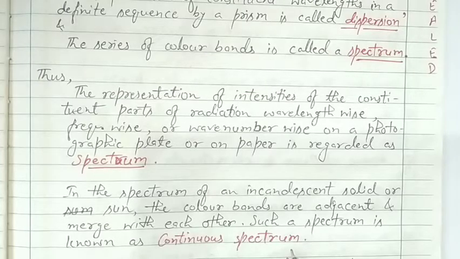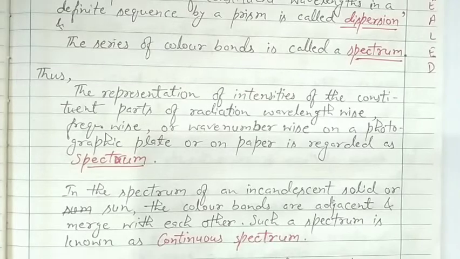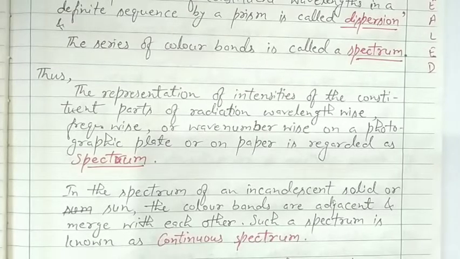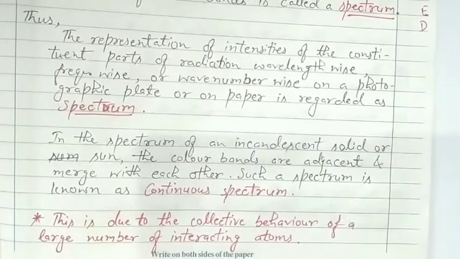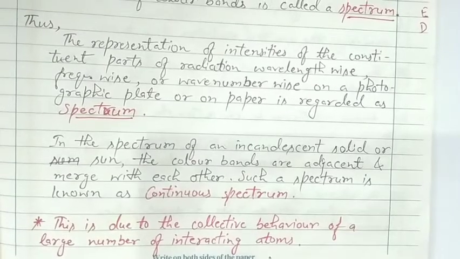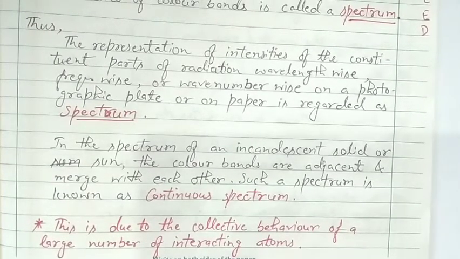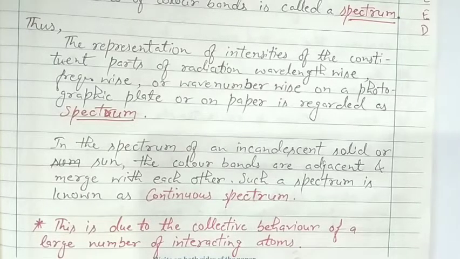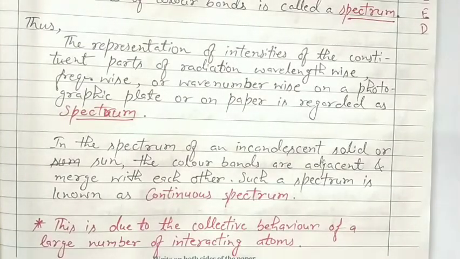You cannot observe distinct lines between 2 colors, so it is called a continuous spectrum, because one by one they keep on coming. This is due to the collective behavior of a large number of interacting atoms, because millions of atoms are present there and they are continuously emitting, producing the spectrum. That is why a continuous spectrum is produced by the sun or any incandescent solid.